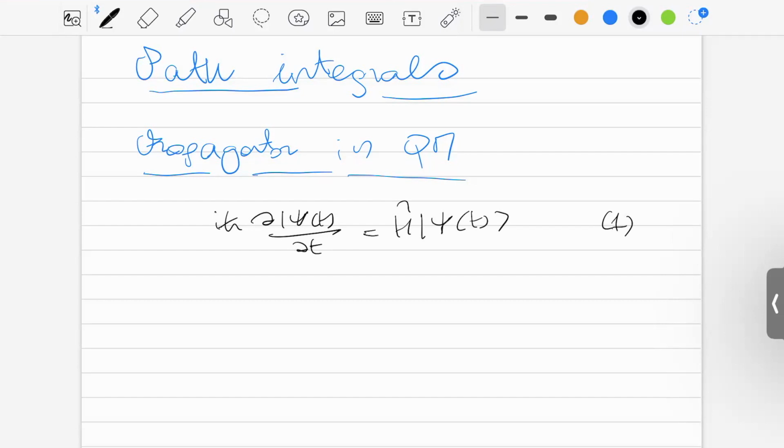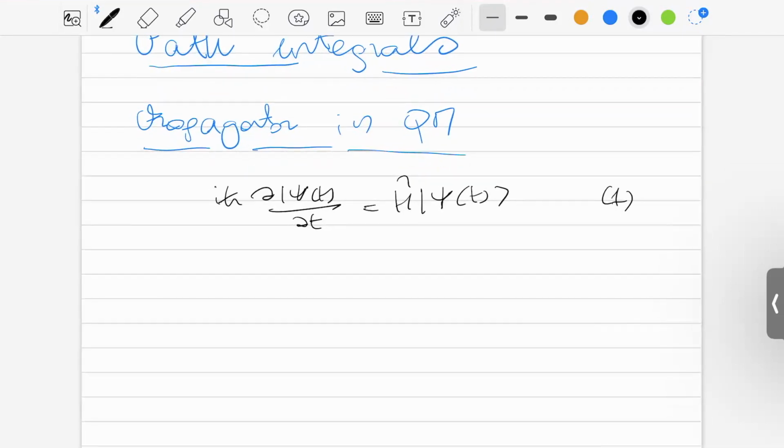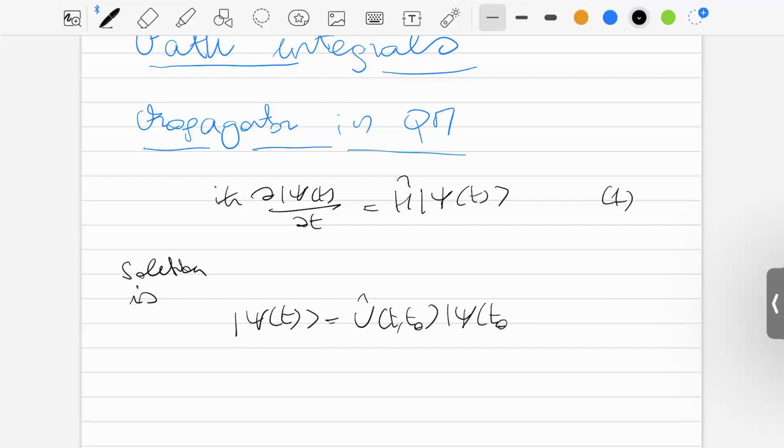This is the general expression of the Schrödinger equation, and the solution can be written this way. The ket psi of t is equal to the action of some unitary operator acting on the state at time t0.